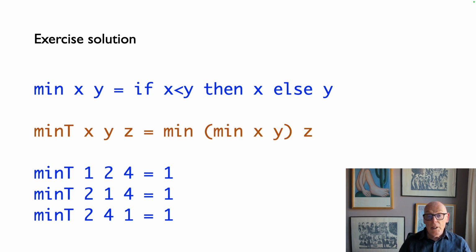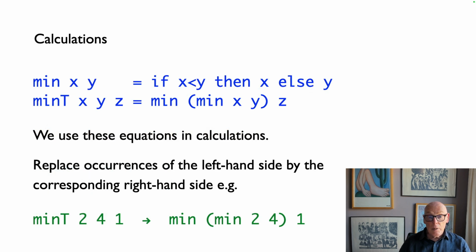Now, we've started to define functions. We've defined min x y there. We've also defined min t x y z. How do those functions get used in calculations? Well, we use these equations in calculations directly. We replace the left-hand side by the right-hand side, replacing the variables on both sides.